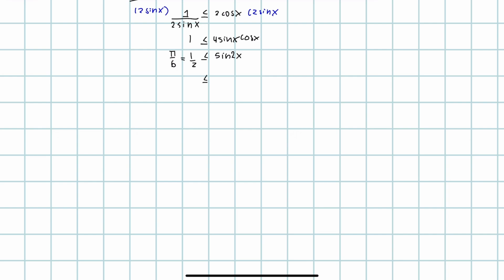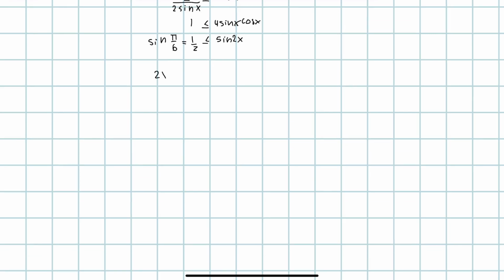So now we can rewrite this as 2x equals pi over 6 plus 2 pi k, and now we have to divide everything by 2 to cancel out that 2. Now this is going to be x equals pi over 12 plus pi k, and then we also have a second solution: 2x equals 5 pi over 6 plus 2 pi k.